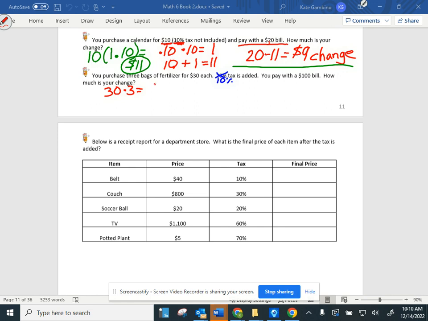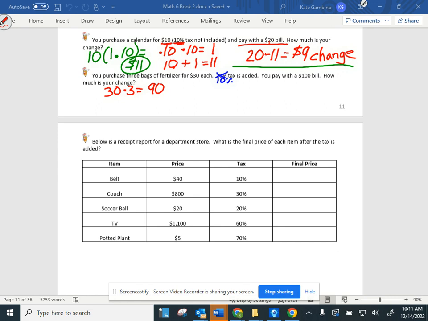So my subtotal is going to be 90. Right? It's $90 in fertilizer. Do we see why we did that? We had to add up all 3 bags of fertilizer. You could have done 30 plus 30 plus 30 to get 90, or you could just do 30 times 3 to get 90. So you have to find the subtotal.